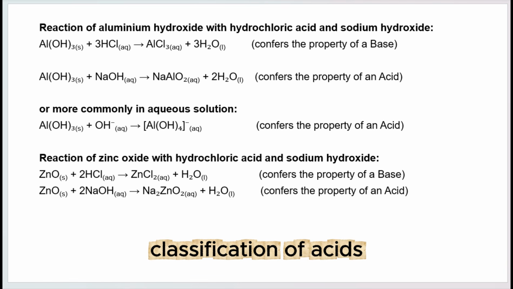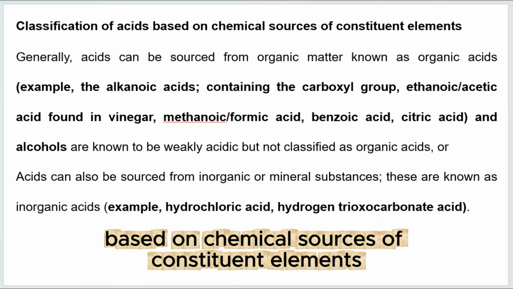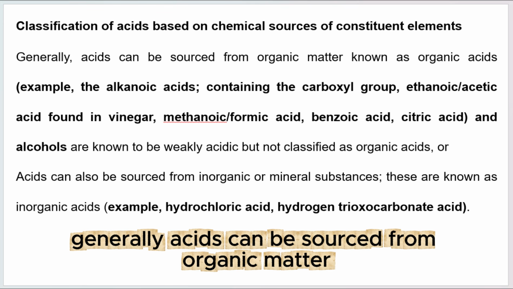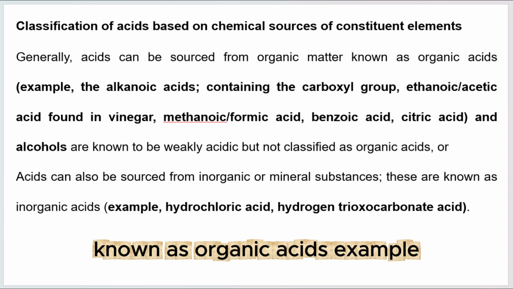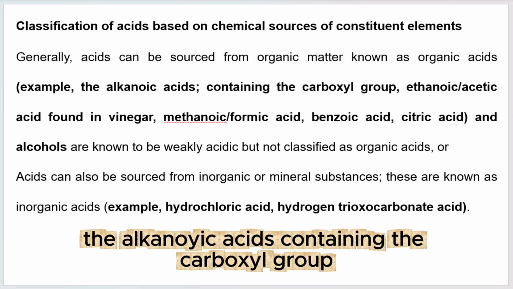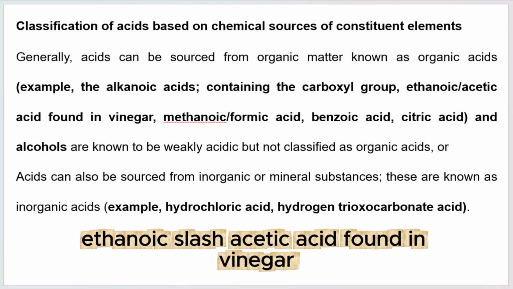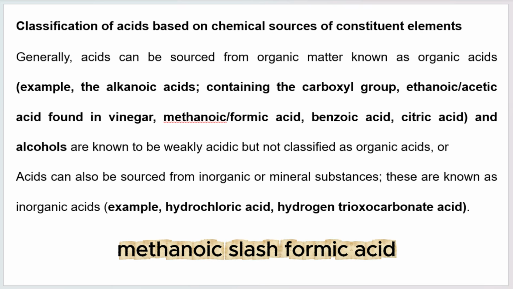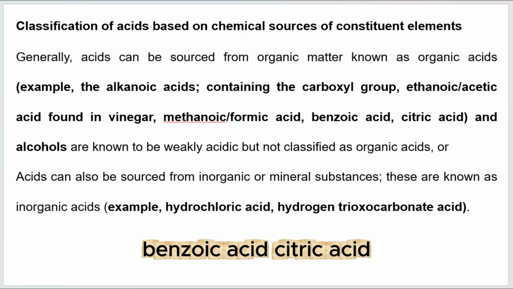4.0. Classification of acids based on chemical sources of constituent elements. Generally, acids can be sourced from organic matter known as organic acids. Example, the alkanoic acids containing the carboxyl group, ethanoic or acetic acid found in vinegar, methanoic or formic acid, benzoic acid, citric acid.